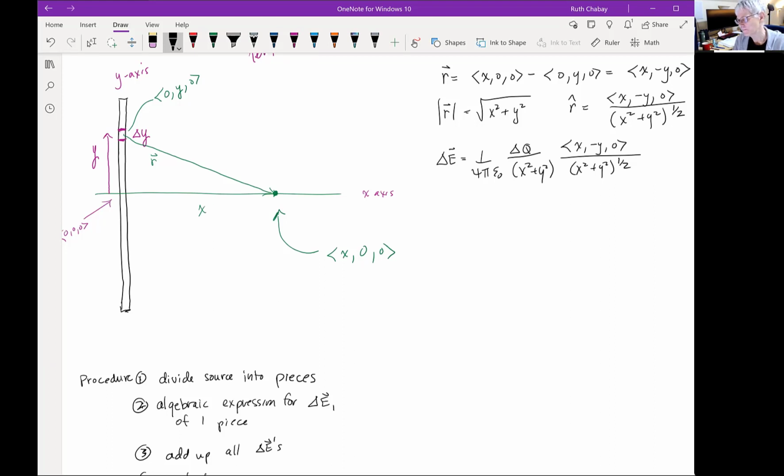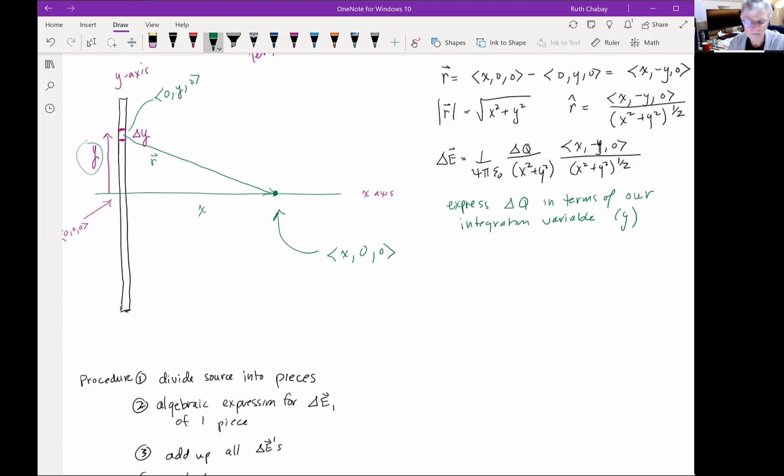Now we need to express delta Q in terms of our integration variable. Our integration variable is going to be y, because y is the thing that varies with the location of the piece.